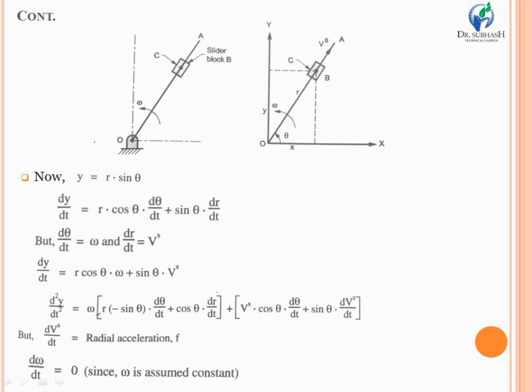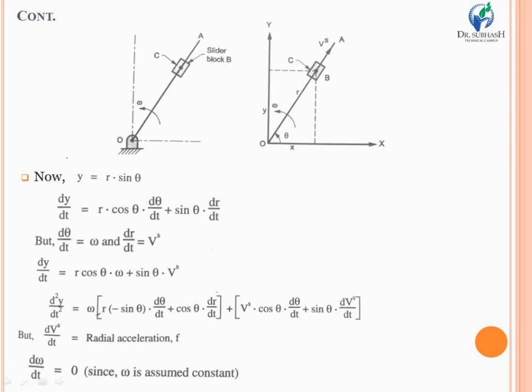Consider a link OA which is rotating about a fixed point O with uniform angular velocity omega in the anticlockwise direction. Due to that, the slider block B is sliding along the link OA with a sliding velocity Vs, and C is the point on link OA which is instantaneously coincident with B. You can see from the figure.